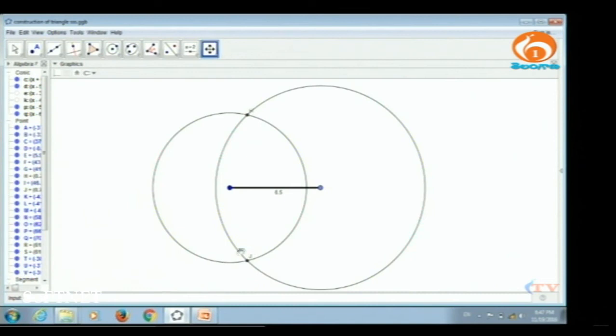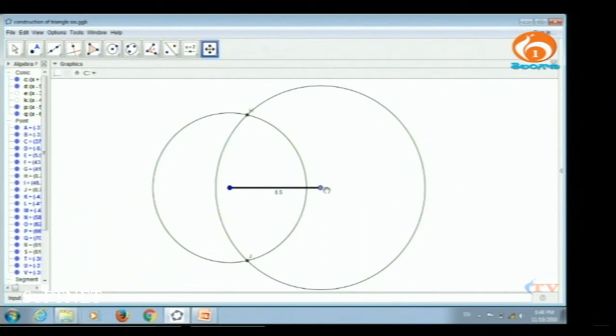There are two such points which lie on this circle and this circle. That means this point is 5.5 centimeters away from this point and 7.5 centimeters away from this point, and this point also is 5.5 centimeters from this point and 7.5 centimeters from this point.